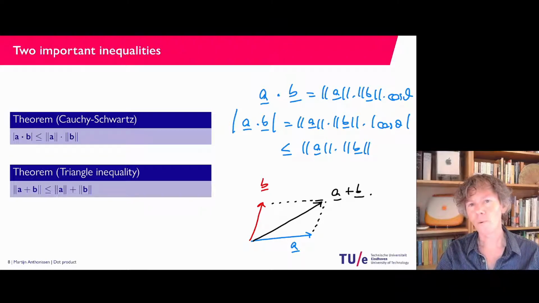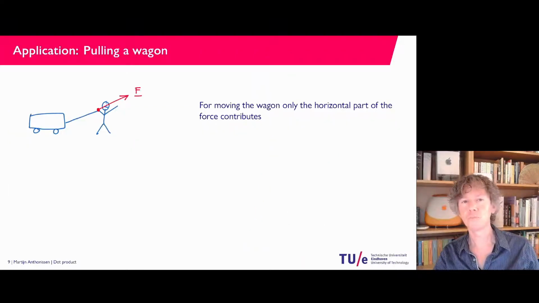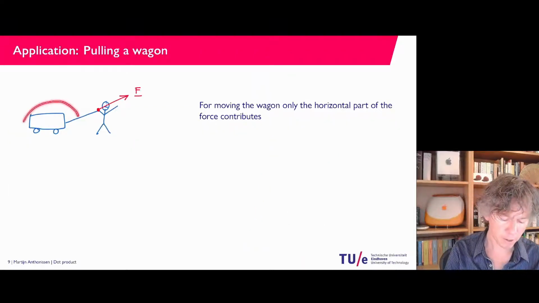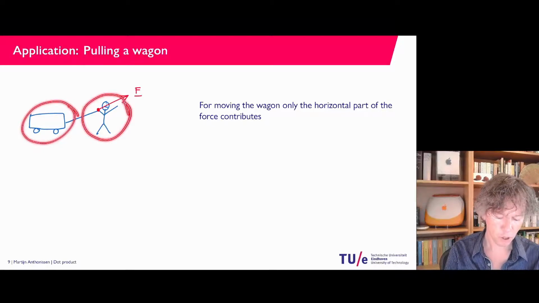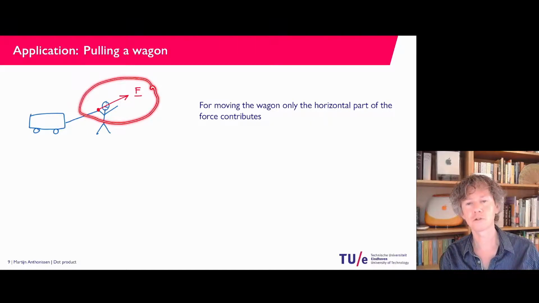Now let's wrap up this video by looking at an application. In this application, let's assume that we're going to pull a wagon. So we have a little wagon here, and there is a person who is pulling it with a string. So this is the string, and this here in red is the force that this person uses to try and move the wagon.